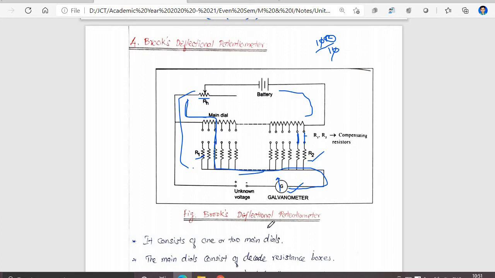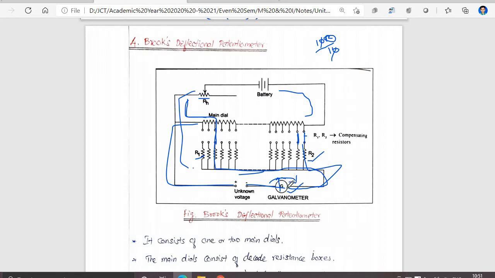After that you can give an unknown voltage to the circuit. The unknown voltage flows through the main dial, and another point goes to the galvanometer, and you can adjust the compensating resistance value. Based on that value, some current flows through the galvanometer.